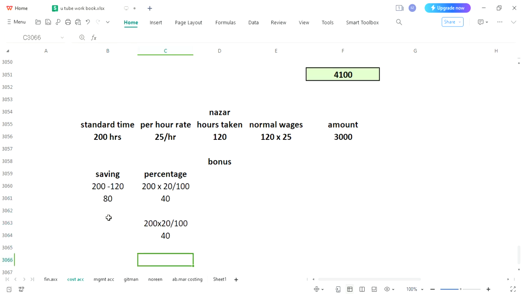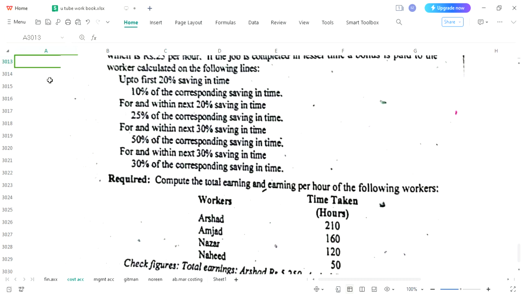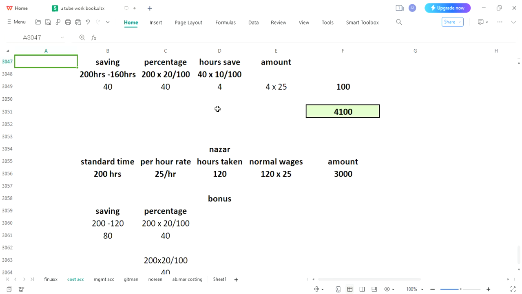Total saving was 80. We will give bonus in two steps as provided in the information in your question, and we have seen it so many times. First 20% and next is also 20%. In this way, 40 and 40, when you add both 40s, you will get 80.